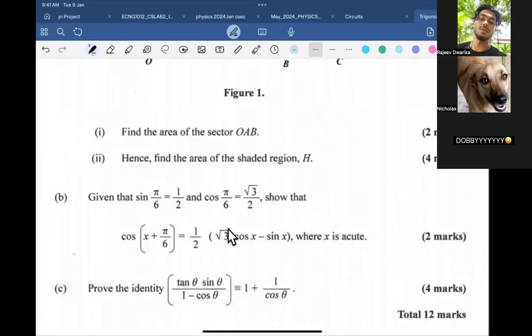Kira, after looking at the recordings, you could try the question out. Prove the identity. Tan theta, sine theta, 1 minus cos theta is equal to 1 over cos theta.